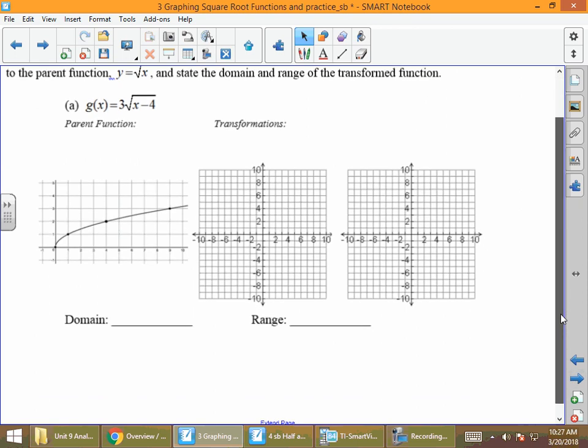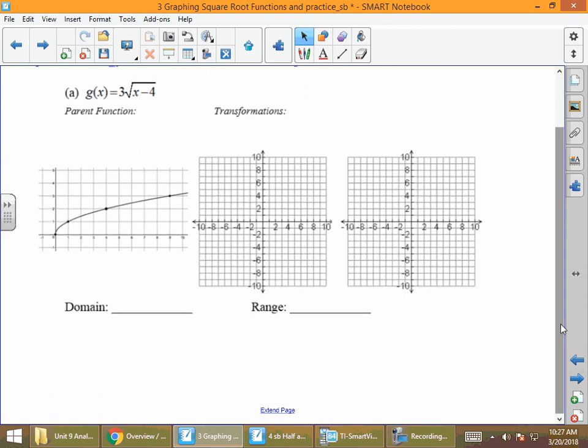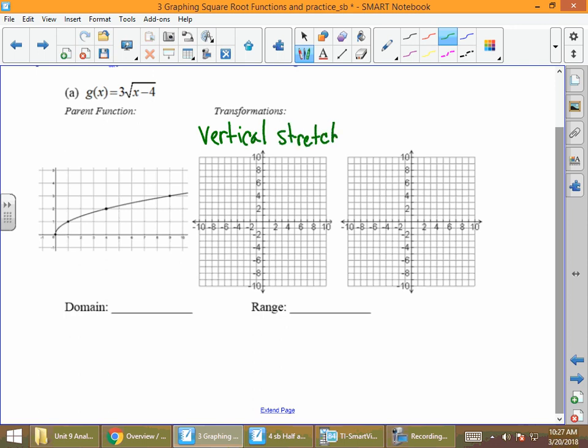And the first transformation in this particular problem has to do with this 3, which is outside of the function. And what does that 3 do to our function? Well, it was a hard one for people to remember, but it's going to be a vertical stretch by 3. So since it's a vertical stretch, what's going to change is the y values.